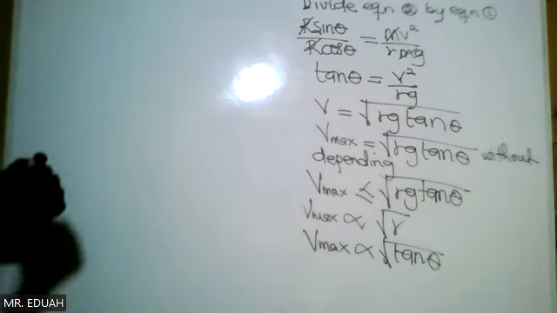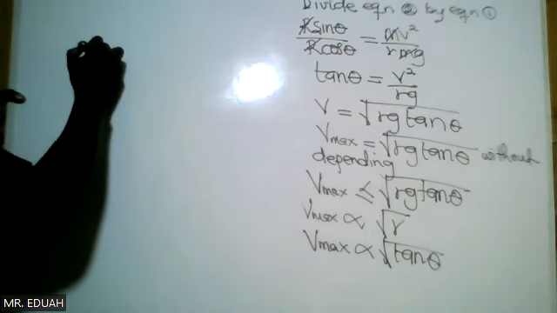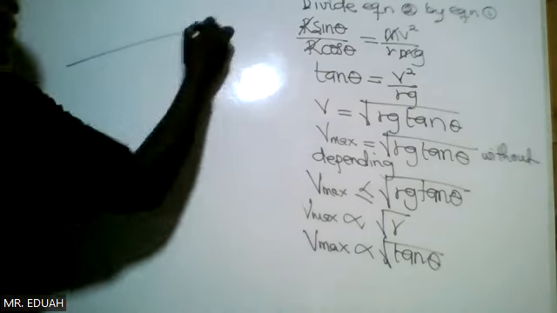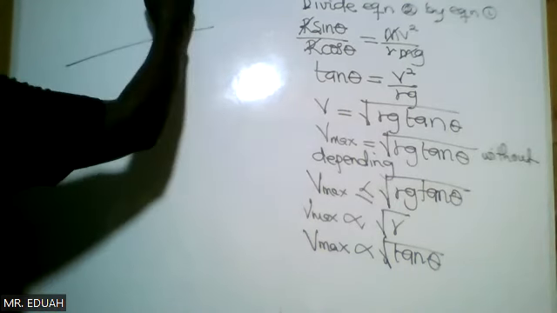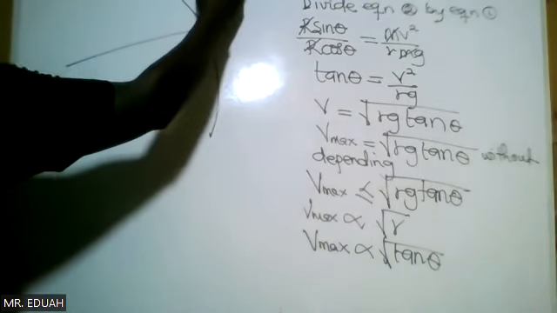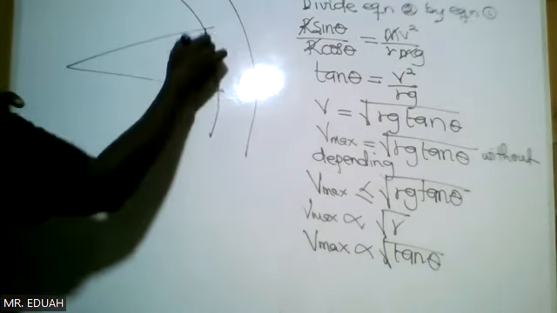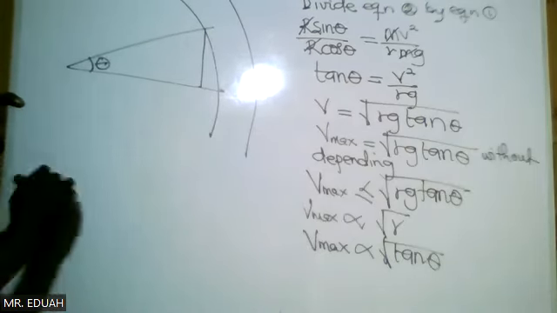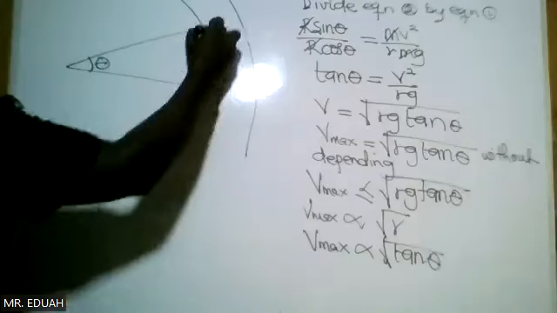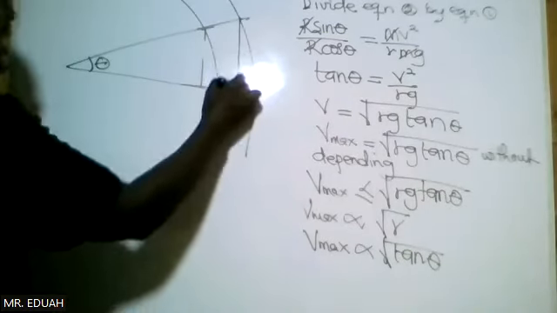Banking of road is such that because we want to make the car turn, the road is built in such a way that the outer end is raised in order to make a certain angle with the horizontal. So the outer end of the curvy road is raised.